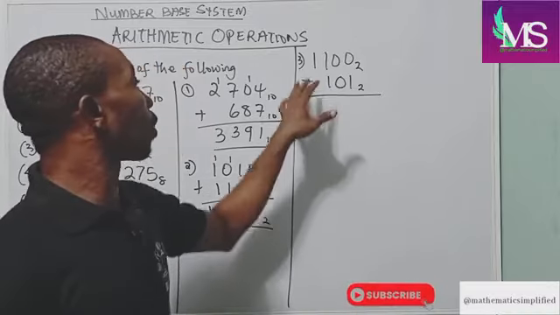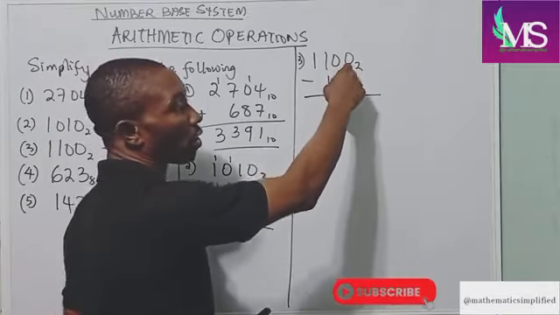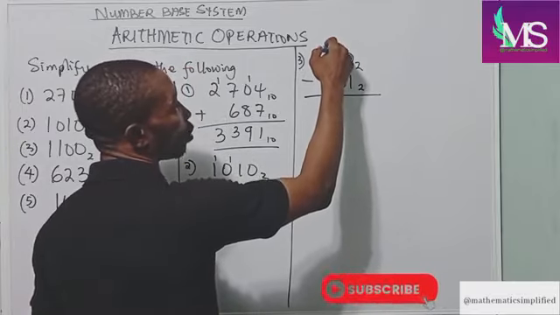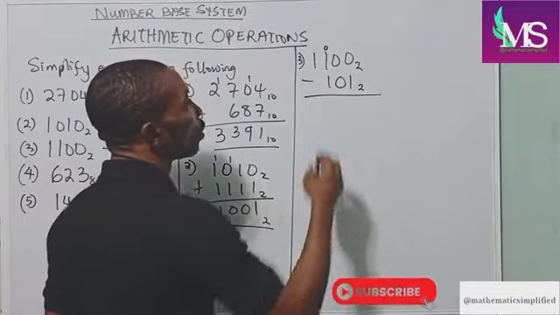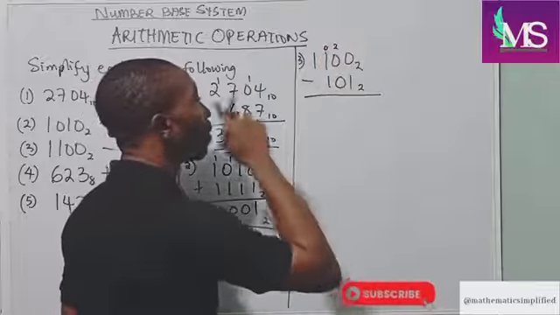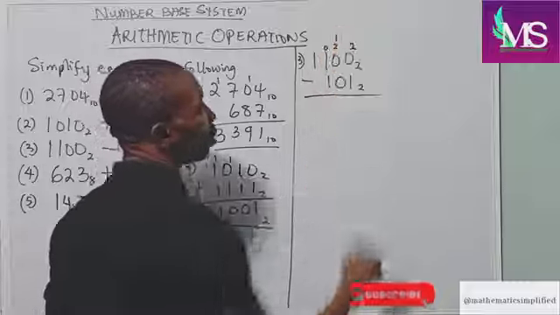So now, borrowing in base 2, since this is not up to 1, 0 cannot subtract 1, so we borrow from here. So this 1 becomes 0. So from here, we put 2 here. Okay, we borrow 1 from 2, this becomes 1 and add to this.